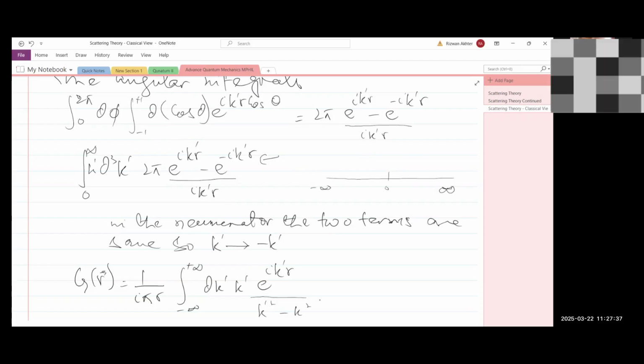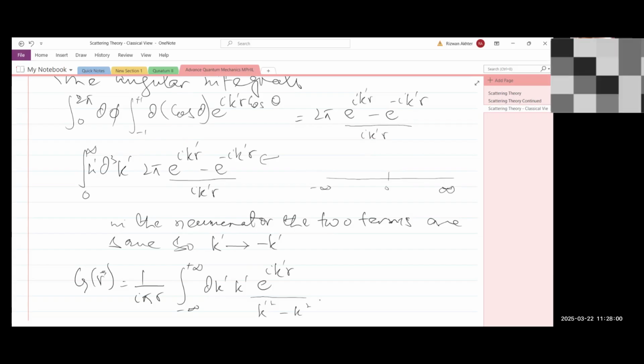So there would be some value for k prime equal to k, and there would be what we call a singularity. And so for such values in mathematics, for solving complex integrals or complex analysis, we call such points as poles. That is where k prime is equal to k are known as poles.